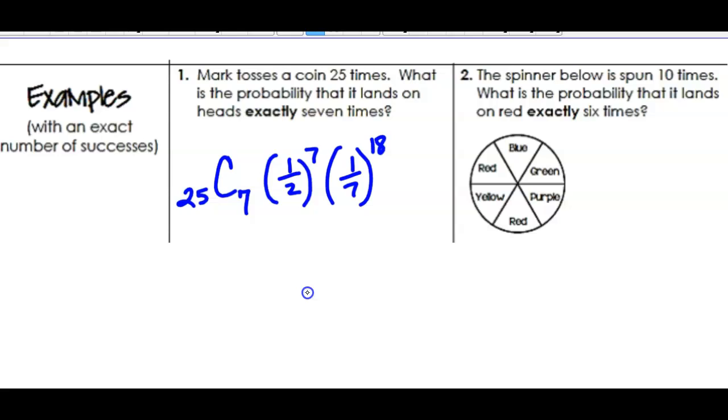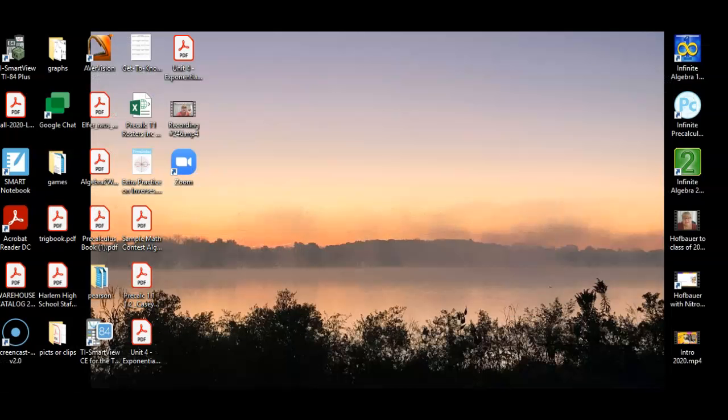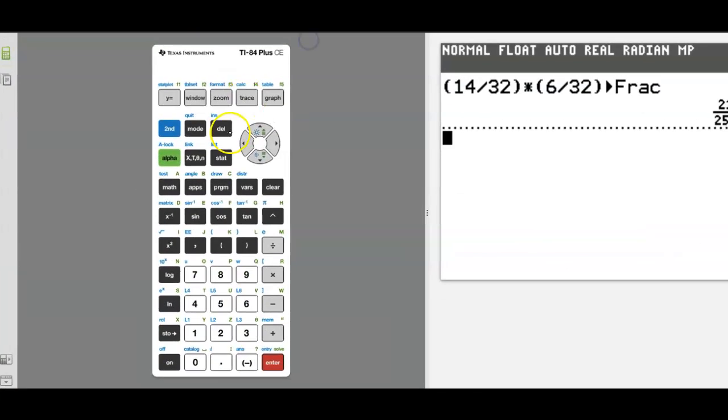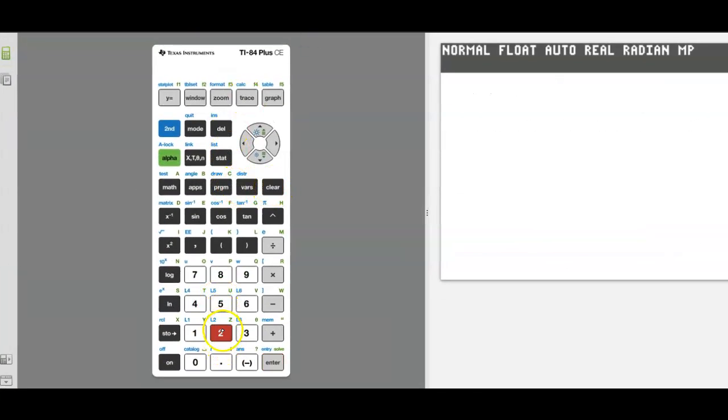If I did 25 and then I did alpha window and I went to choice 8, we're doing it 7 times, arrow to the right, 1/2 or 0.5 to the 7th, and then arrow to the right, and this one happens to be an equally likely chance that we won't get heads, and that's how many failures you would have, which is 18.